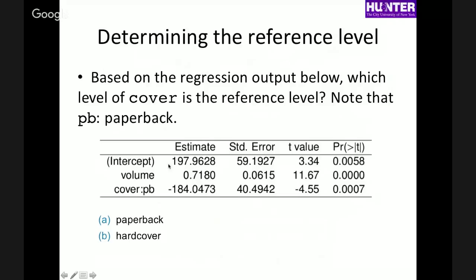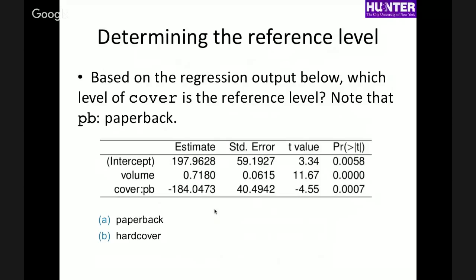Every single book starts with an estimate of 197.9628. Then we add the volume times 0.718. Then if it's a hardcover, we're done. That's the prediction. If it's a soft cover, we then subtract 184.0473 from that estimate, and that is our prediction.